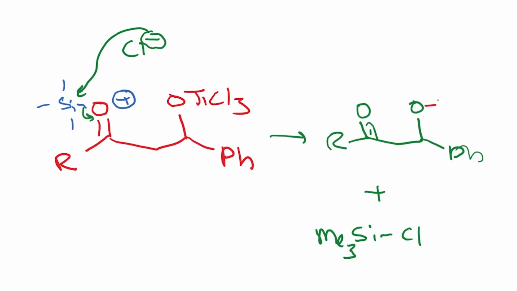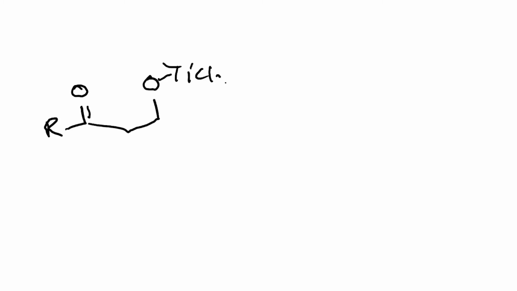Okay, so I'm sorry, I forgot to keep the titanium chloride on this. So the titanium chloride is still here, TiCl3. And now we can move to the next slide. I'll just draw the intermediate once again. So we have R, C double bond O, O, TiCl3, Ph, and you have this trimethylsilyl chloride that is floating around.